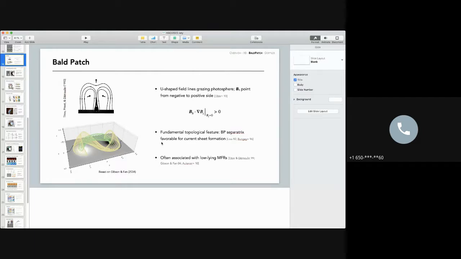So Rebecca, can you see it? The top left. You see the field lines coming up from the positive flux from the left end, then it comes down and it comes back up. It's a U shape. In the center, the location on the photosphere where the U-shaped loops are touching the photosphere is the bald patch. That is the definition, the name given by Slava.